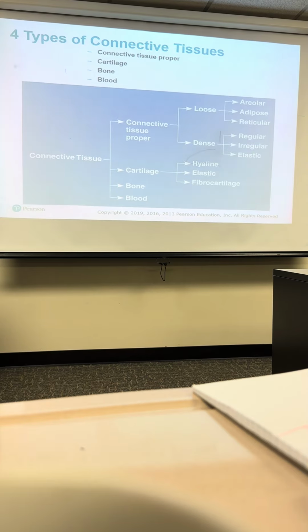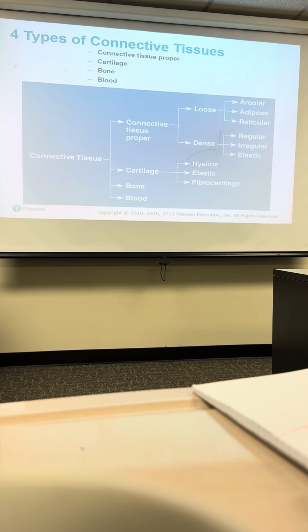So now let's start talking about the connective tissue proper first. Connective tissue proper is actually two different types: loose connective tissue proper and dense connective tissue proper. When we say loose connective tissue proper, what do we mean by that? Loose connective tissue proper has what?